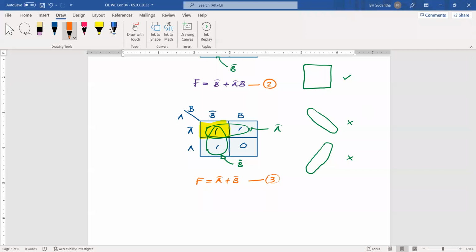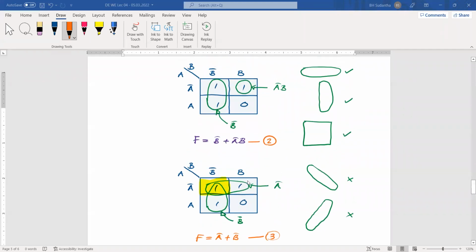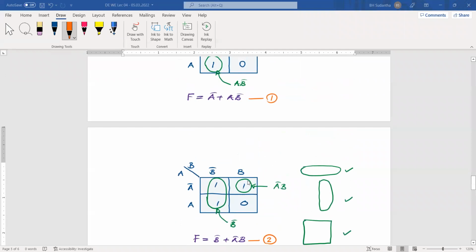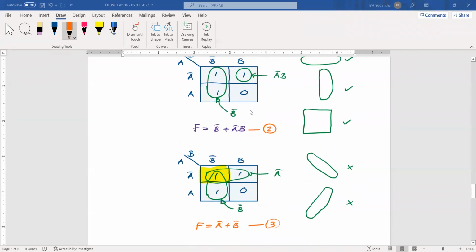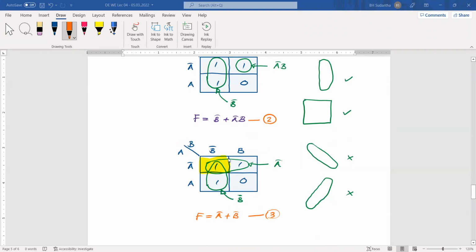Actually that's why I said that assuming that the third one, where we covered this one two times, is correct, I think all three equations are correct. First one is anyway correct. Second one is also correct. But for the moment, assume that we can cover one term many times.